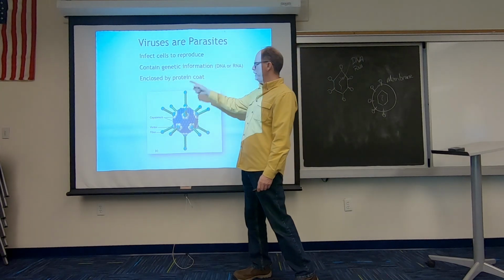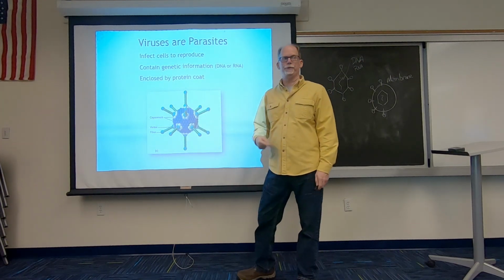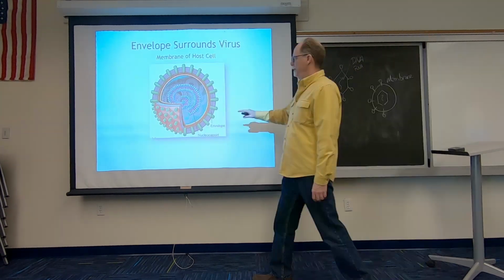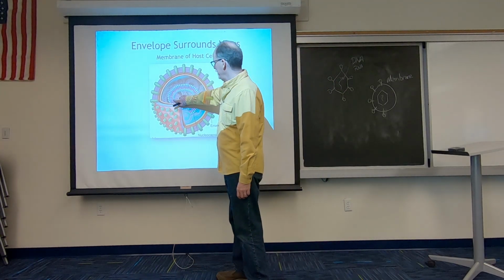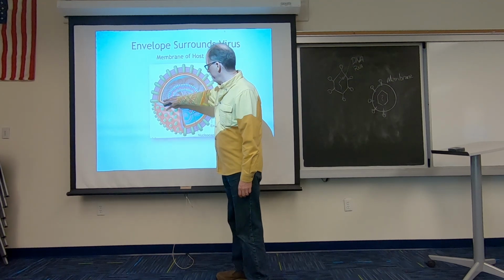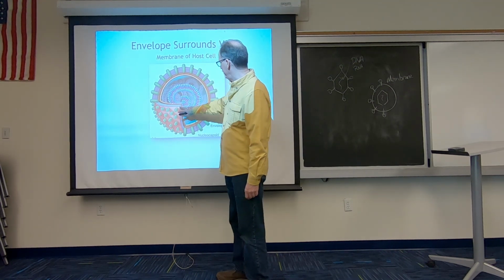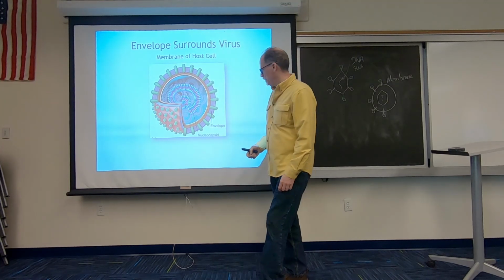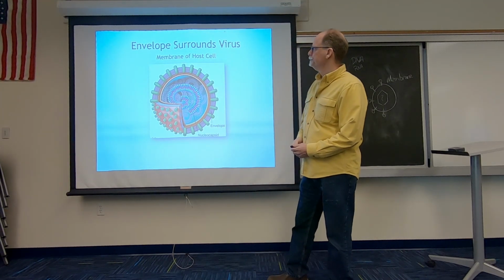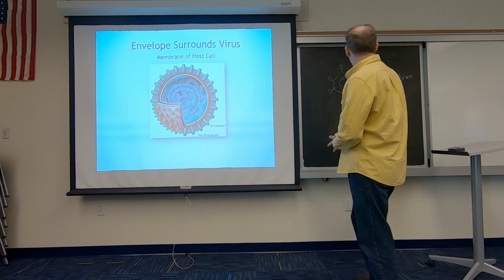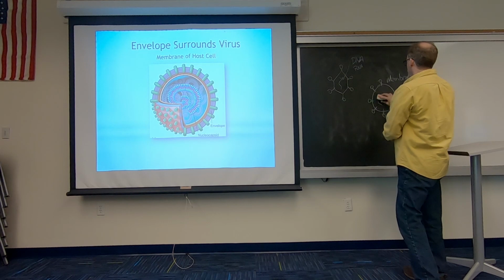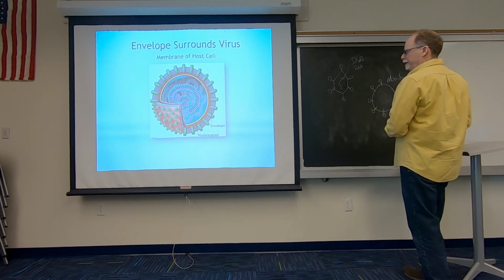And they have to get into a cell in order to make more virus, right? They can't make viruses on their own. This is a piece of DNA or RNA, and then this is a membrane. He's kind of showing it in brown. And then the green guys are the spike proteins. So in this depiction, you don't see this shape in the middle, right?